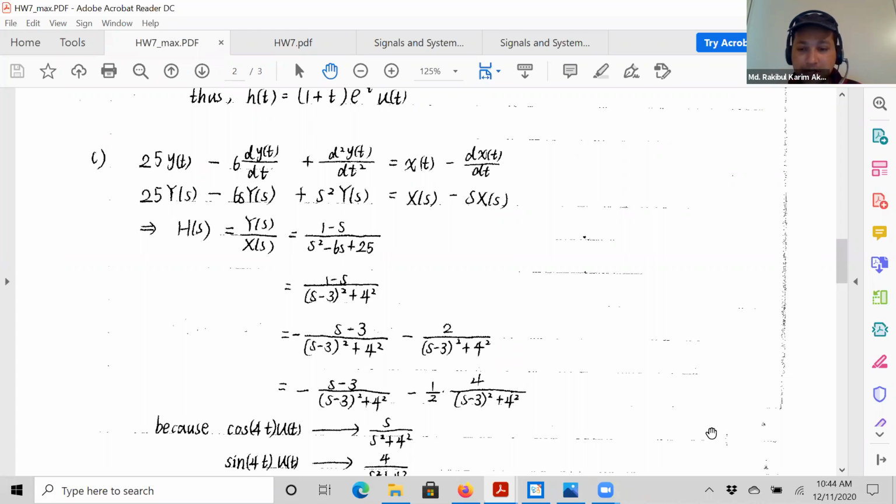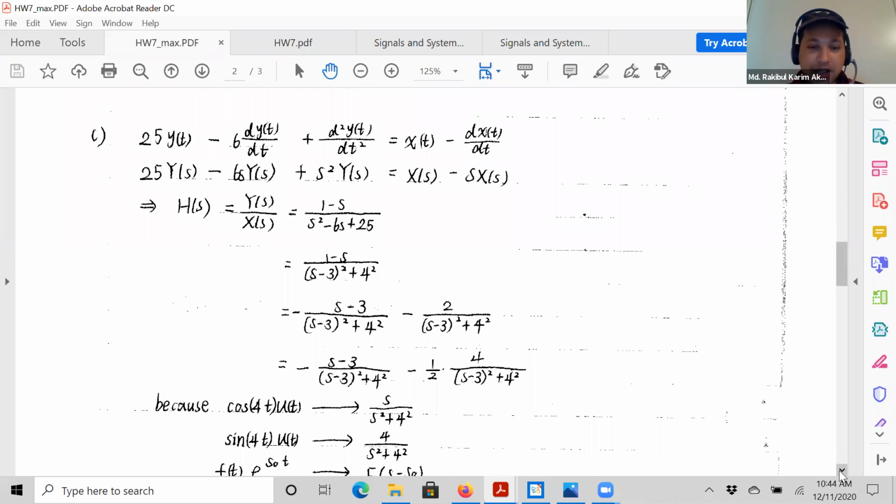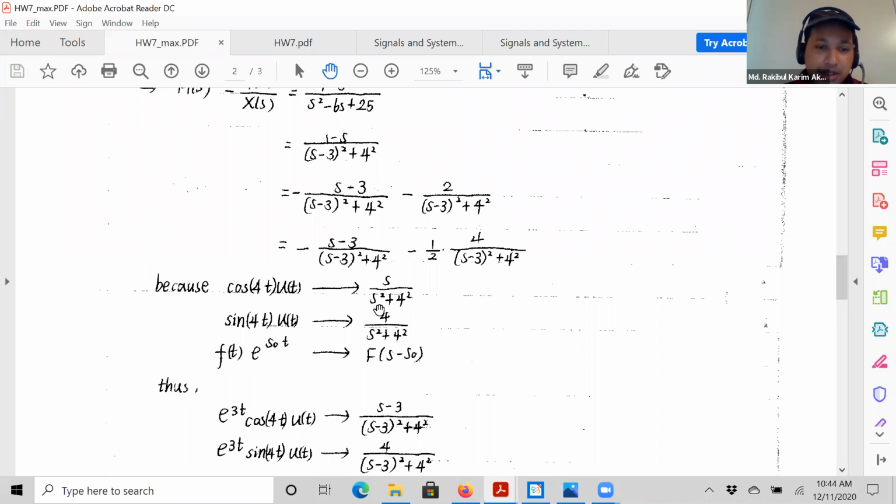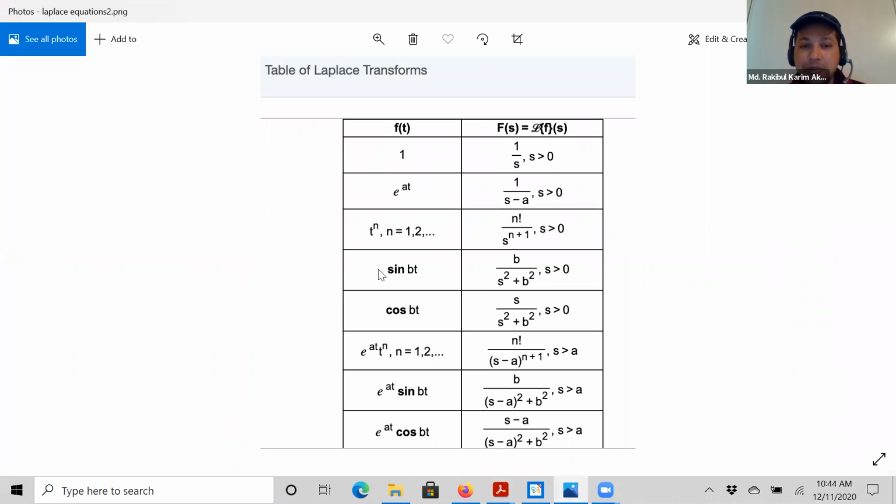So what is the benefit of doing all this? If you write it in this form, you can compare with the cos format. If I go back to that picture again, if it is a sine, at the top in the numerator it will be b, and the denominator is the same b square.